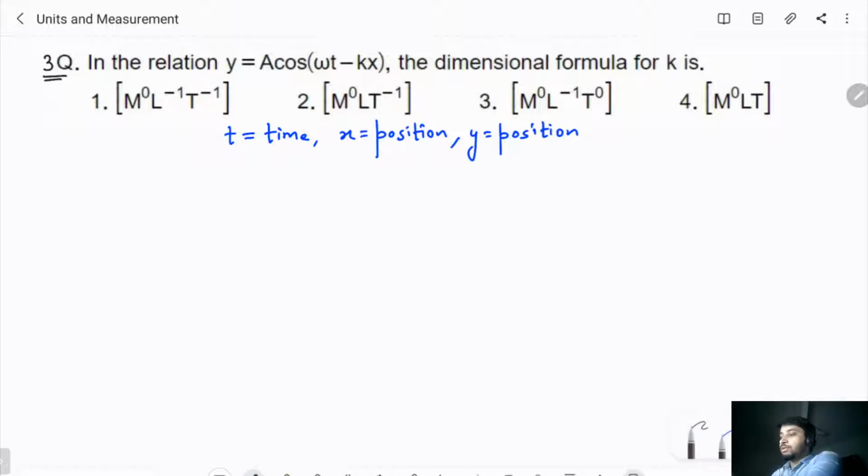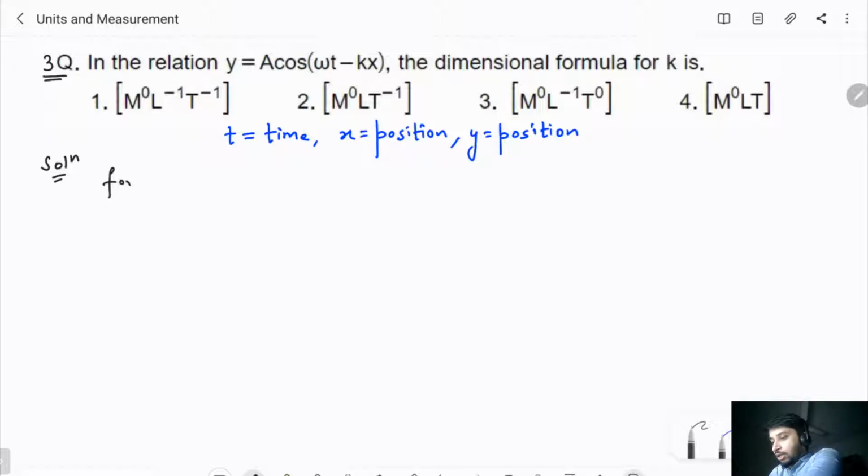Okay. So here let us try to find the dimensional formula for all the three constants, that is a, omega, as well as k. So first of all, let us find the dimensional formula of a.